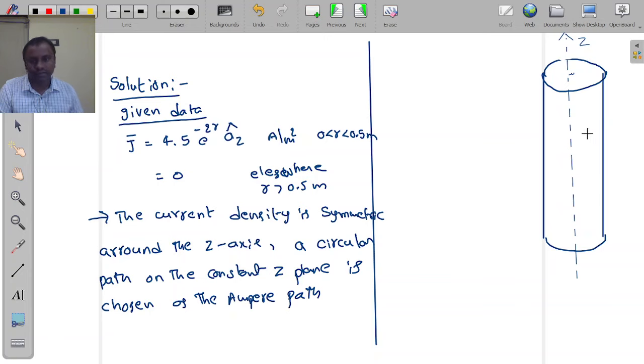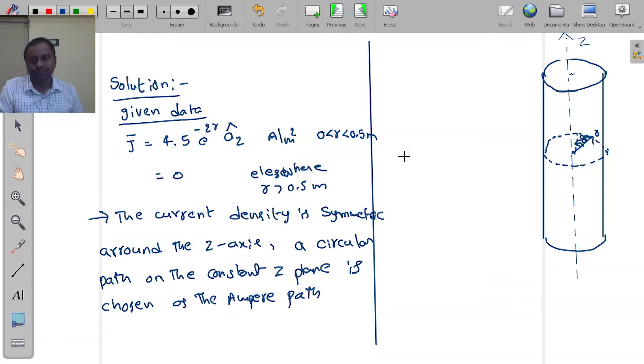This is the radius. This is theta. So the current density is symmetric around the z axis, and we take a circular path on the constant z plane. Whatever you have seen as this dashed line, that is the plane, and in this plane only we need to choose the Ampere circuit path.